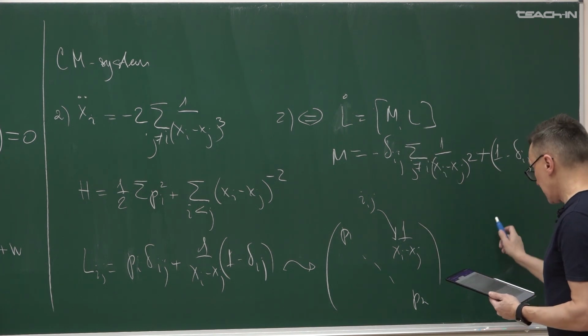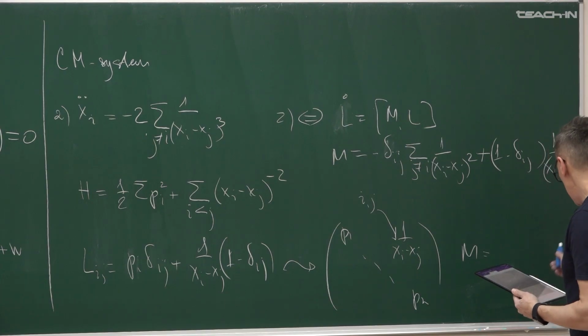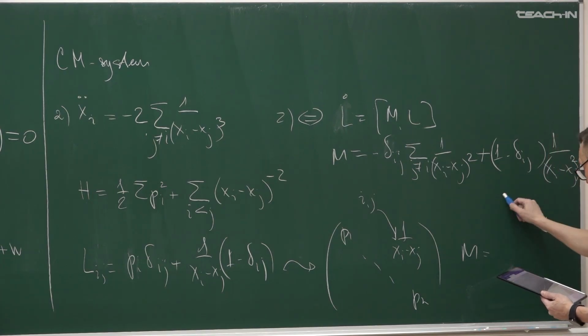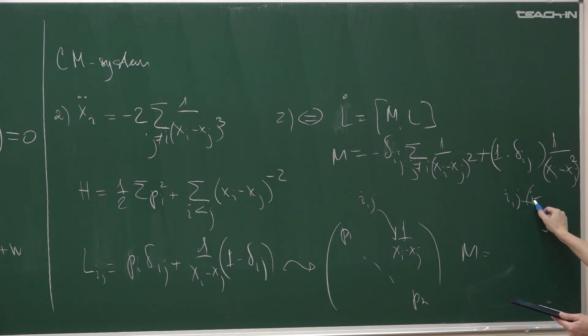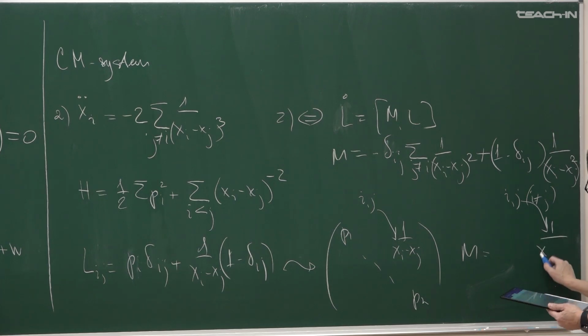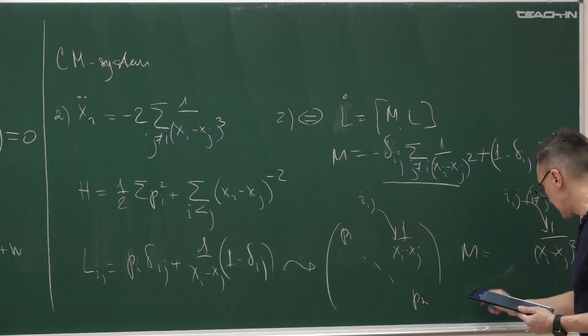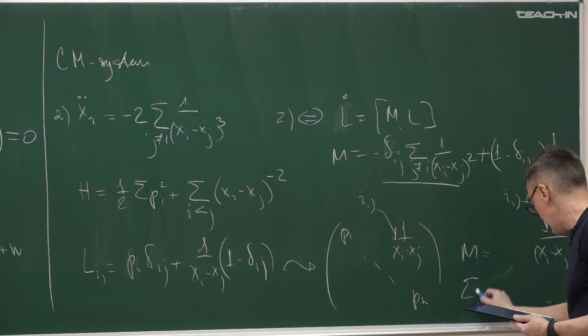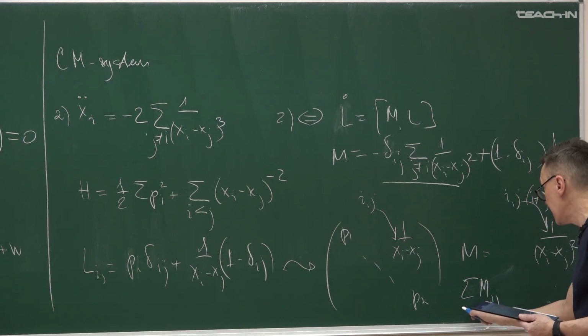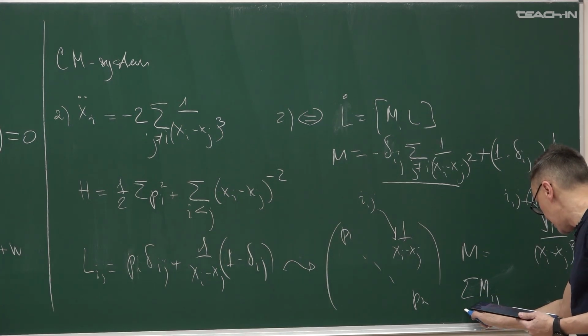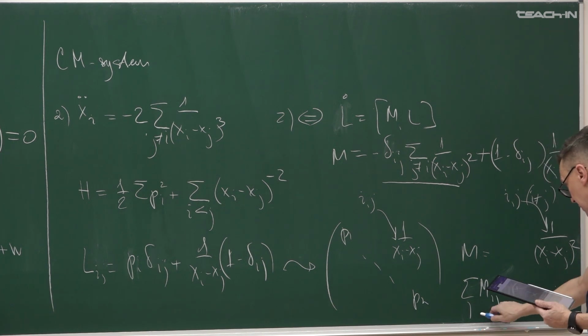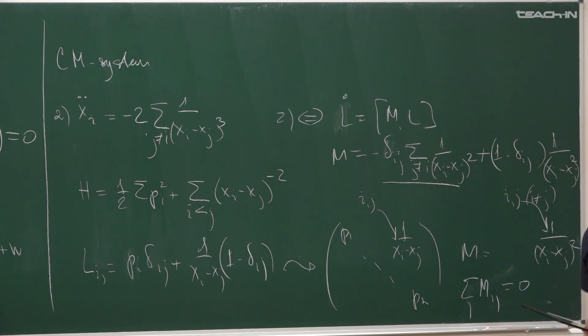And M is a little bit different: at a generic place with i not equal to j, it has the value 1 over (x_i minus x_j) squared, and the diagonal is such that the sum of m_ij over j is 0.